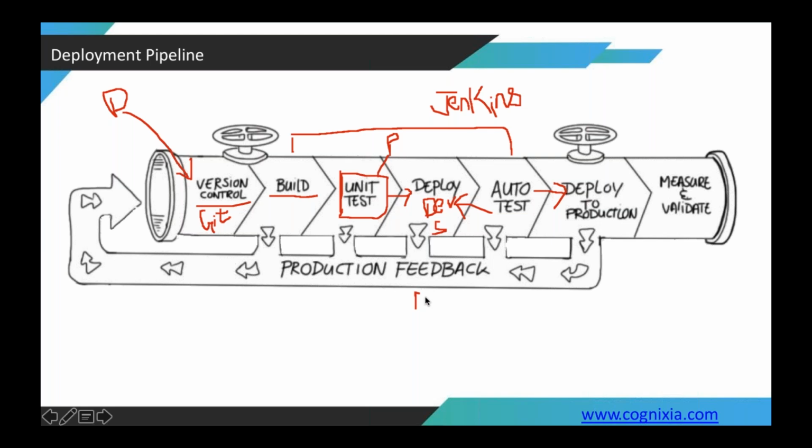Once this has been deployed onto production, feedback will be provided through monitoring. There would be effective monitoring and metrics to effectively track the working of the code. You have different types of monitoring, which I already told you, so you can use that as production feedback.